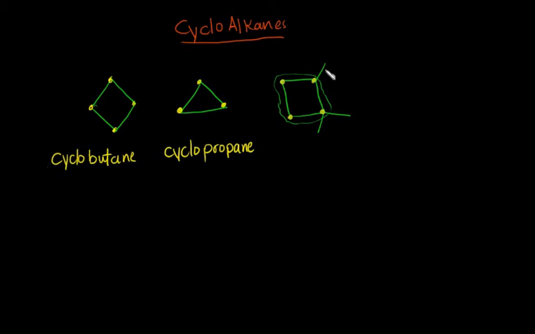How many branches? 2 branches here, 1 and 2. So how should we number this shape? We have 2 options here. We can number it like this, 1, 2, 3, 4. Or can number it like this, 1, 2, 3, 4.